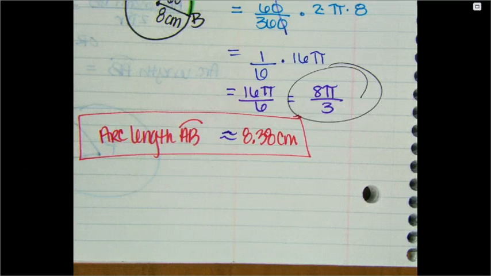Wait, hold on. You can do this multiple ways. Let me explain how to do it multiple ways. You either put 8 times pi in parentheses, divide by 3.